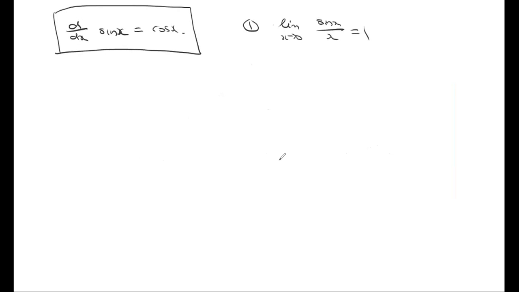Now, this is obviously not related to the derivative directly. So the next question we need to ask is, how do we find the derivative of sine when we don't know it's cosine? I have no idea. So the question you need to think about is, how do you find the derivative of anything?